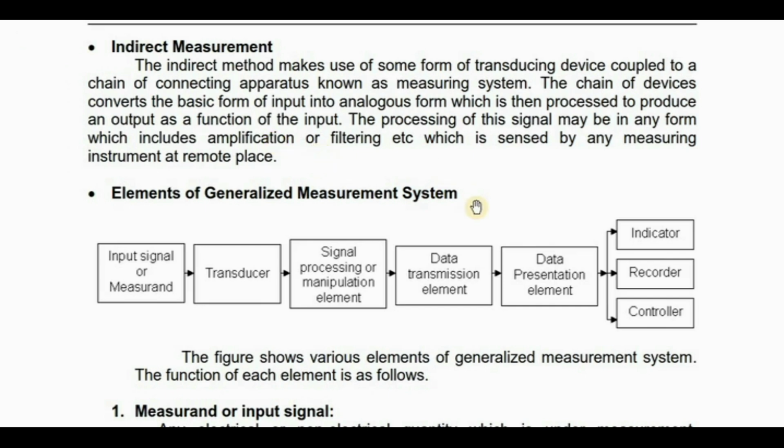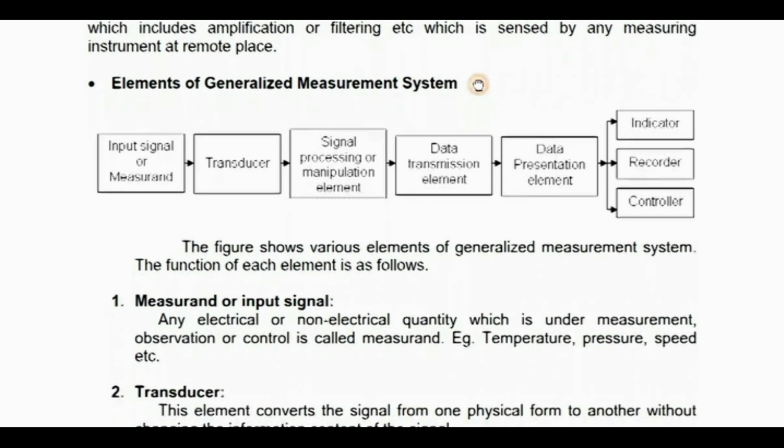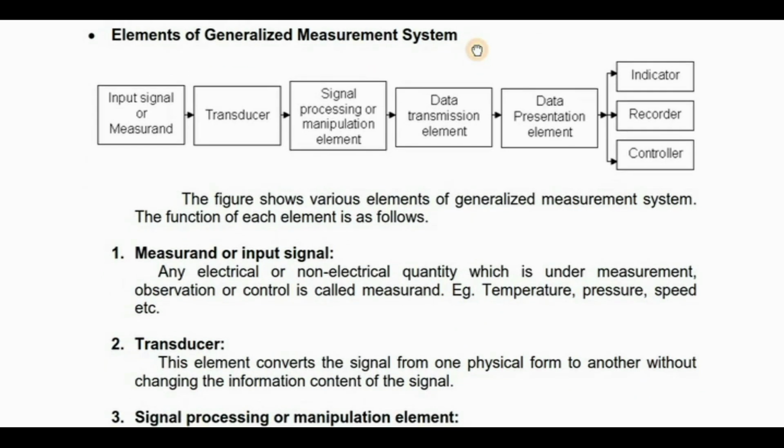Well, after this, the next point we are going to learn is the elements of a generalized measurement system. Means suppose you are doing an indirect method of measurement, that particular measurement system will have different apparatus connected to each other.